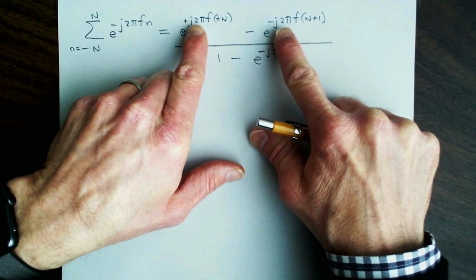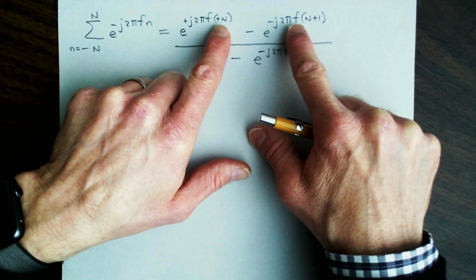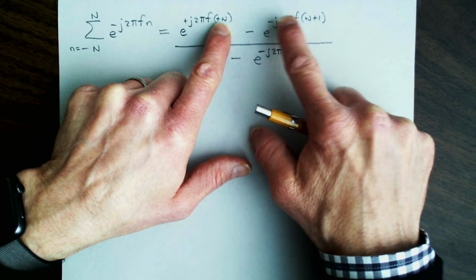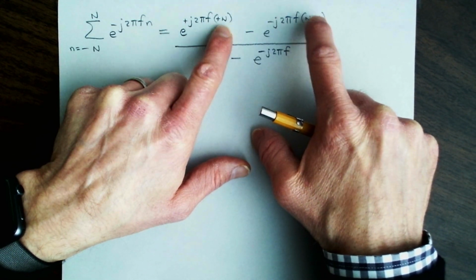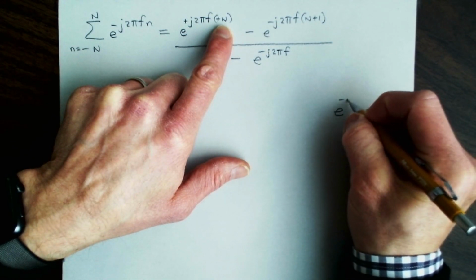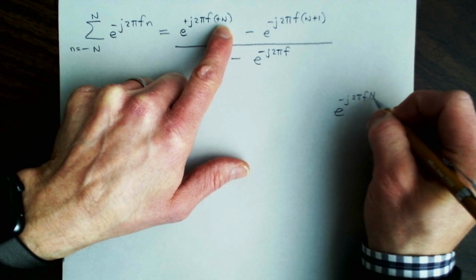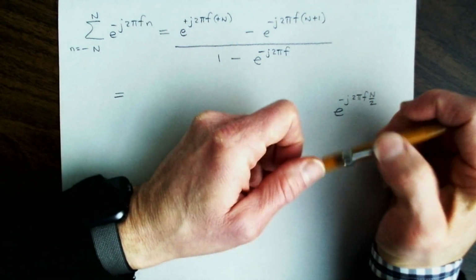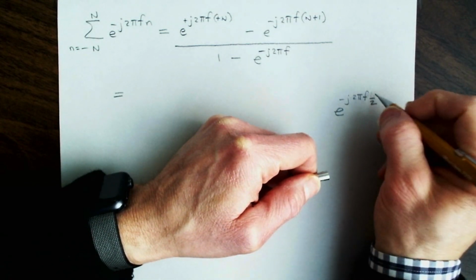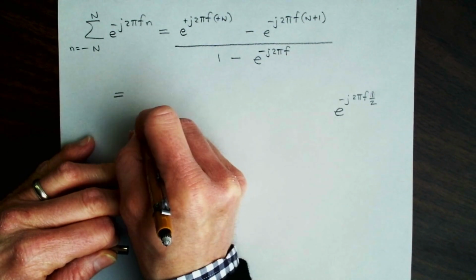So we'll have j 2 pi f, and then we're going to average what's left. So we'll have n minus n, so that is 0. Then we'll have negative 1, and because we have two terms, we'll divide by 2. So it looks like I'll have minus j 2 pi f times 1/2. So that's the term that we're factoring out.